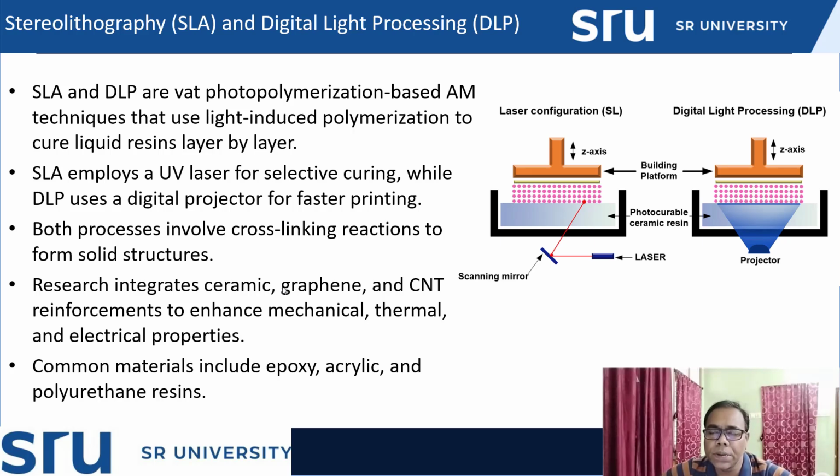In that resin, powder particles like ceramic, carbon, graphite or nanotubes, or some other naturally available powder form materials, can be used, like basalt fiber, carbon fiber, glass fiber, banana fiber, or jute powder. These can be used for reinforcement purposes.